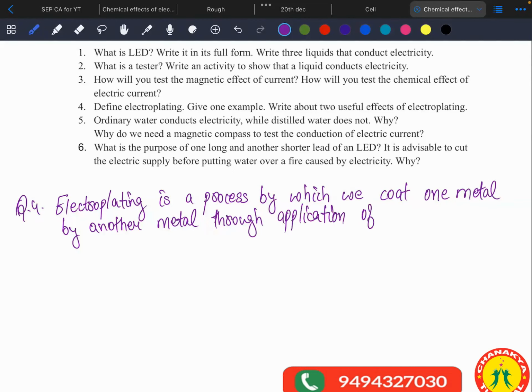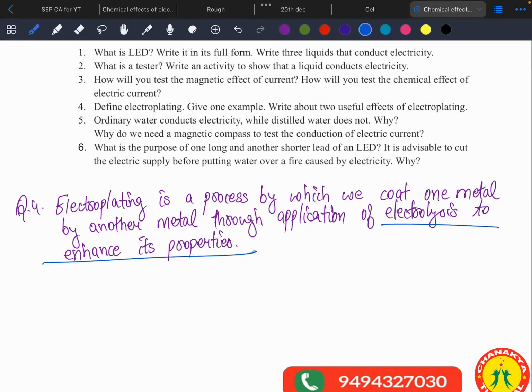Sir, can we write it as the process of coating a desired metal on another metal to prevent it from corrosion or for other decorative purposes is called electroplating? Yes, correct, Ashwath, you can write it, and we can write it in the category of enhancing its properties.